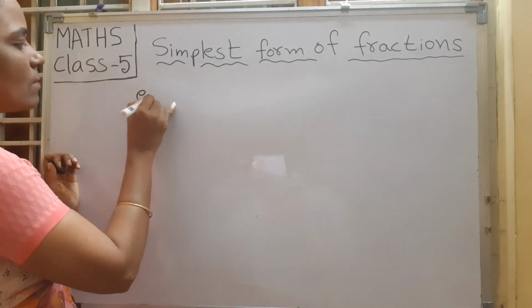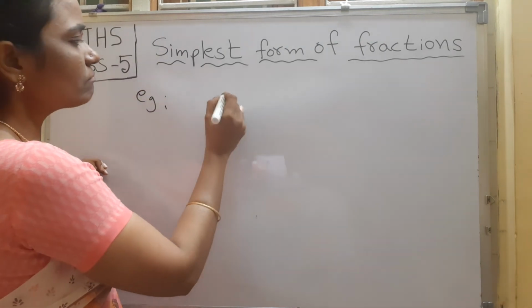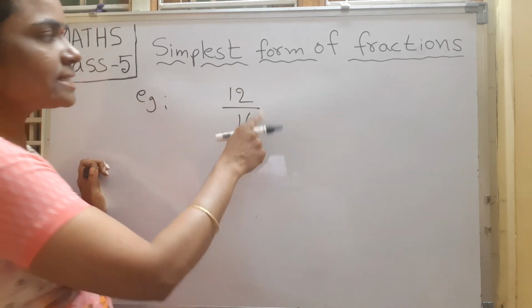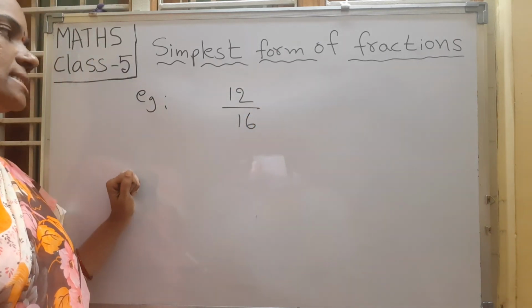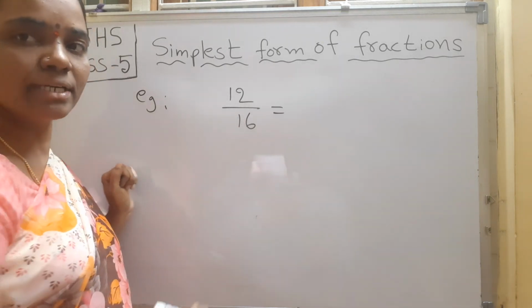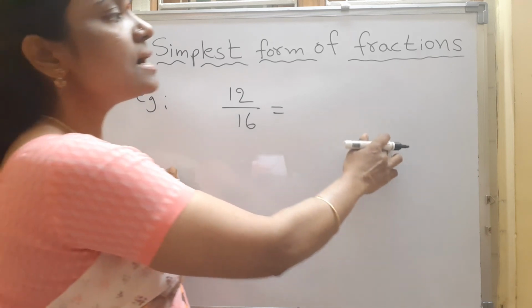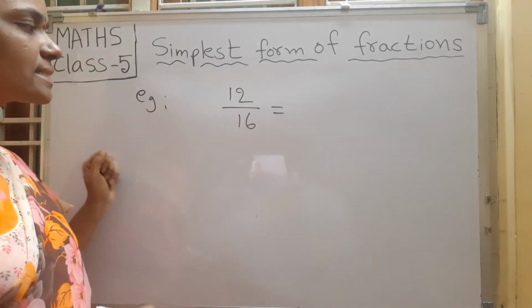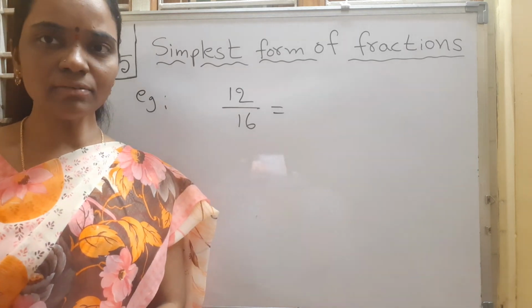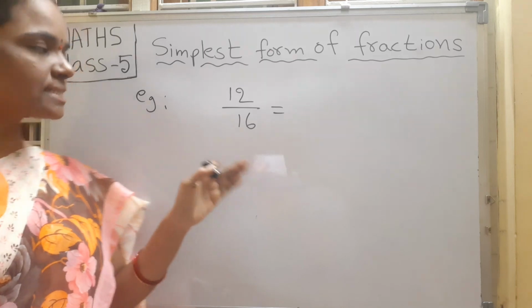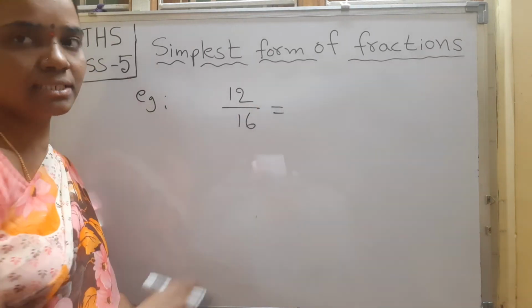Shall we take one example? Yes. Take 12 by 16. What is the simplest form of 12 by 16? So what we have to do? Divide the numerator and denominator with the same number to get its simplest form. Both 12 and 16 we will get in the 4 table. 4 is the highest common factor of 12 and 16.